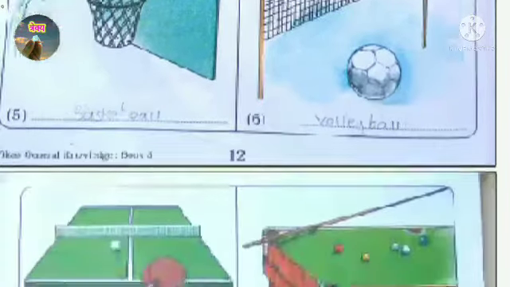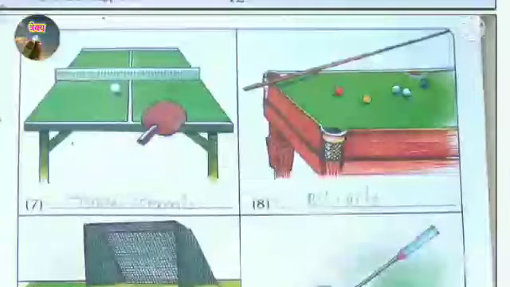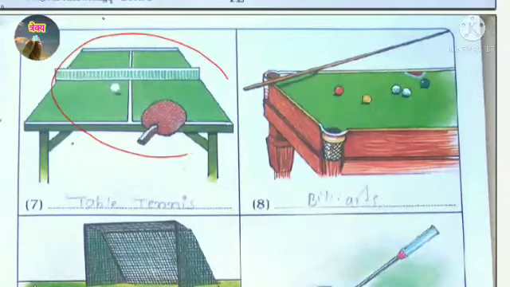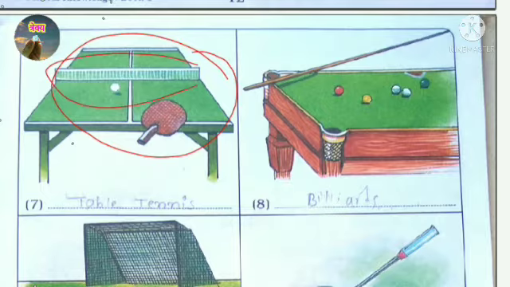In the next picture, here is a table and a small racket is given and a small net is present on the table. This game is called table tennis.